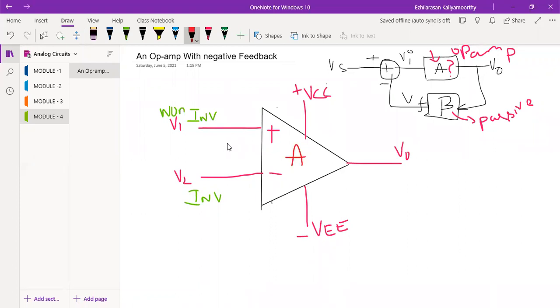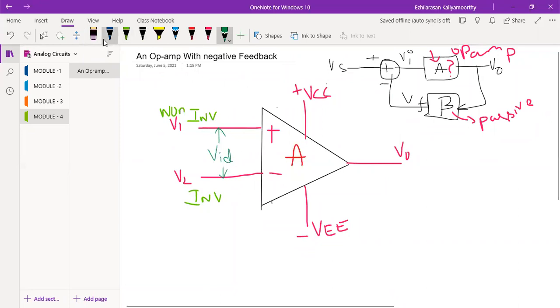One more thing I will say here: V1 and V2, I want to define the difference as VID, that is the input differential voltage.